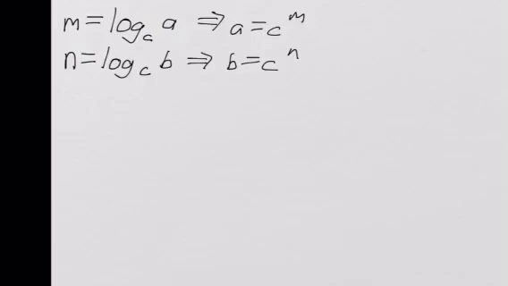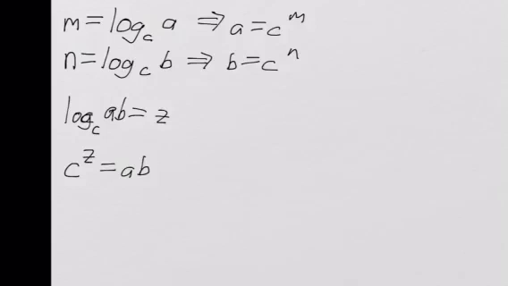So now, with the product rule, we're going to let log base c of ab equal z. Well, now we know by definition c to the z is equal to ab.